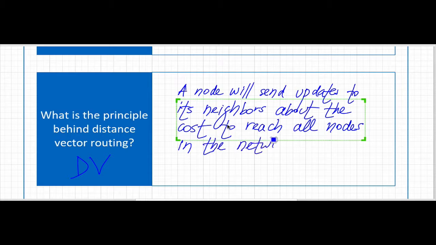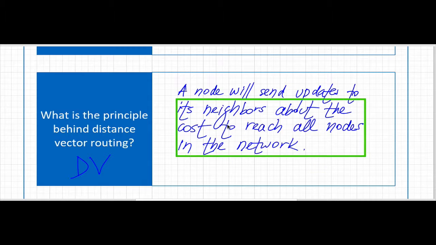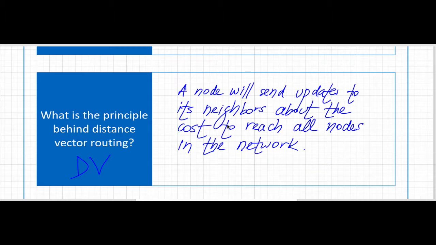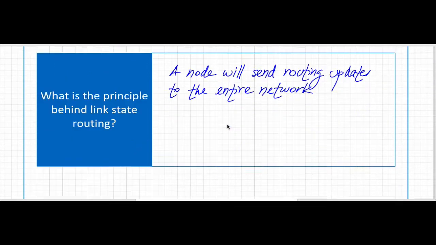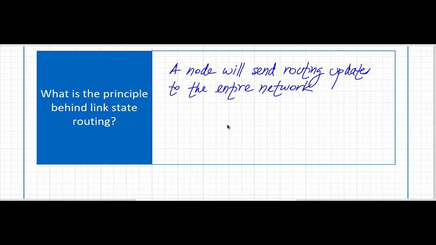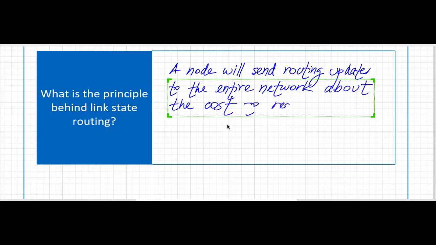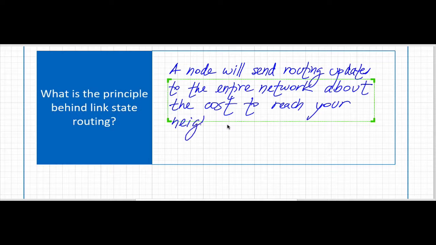So in a very large network, you're going to send a very large message containing all the updates, because you need to tell your neighbors about all the nodes in the network. On the other hand, in link state, you will send routing updates to the entire network, and those updates are going to be just about the cost to reach your neighbors. So that's a fundamental difference in the principles of how these two algorithms operate.